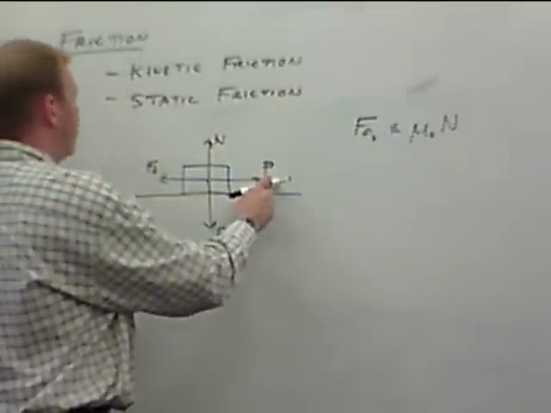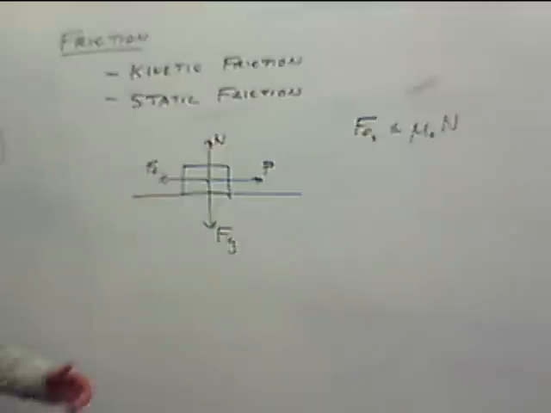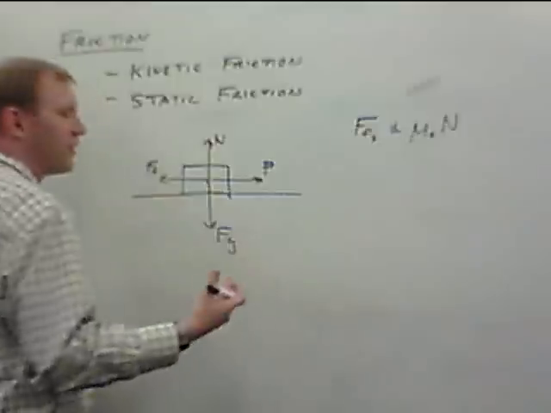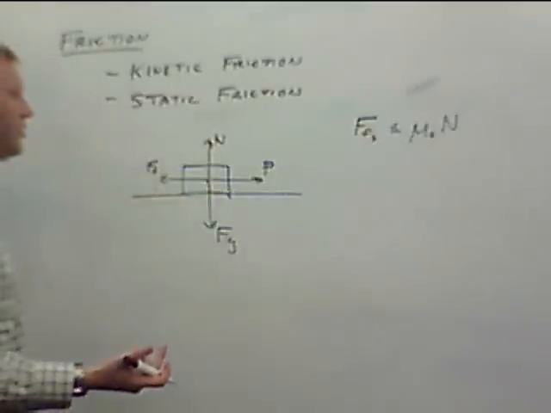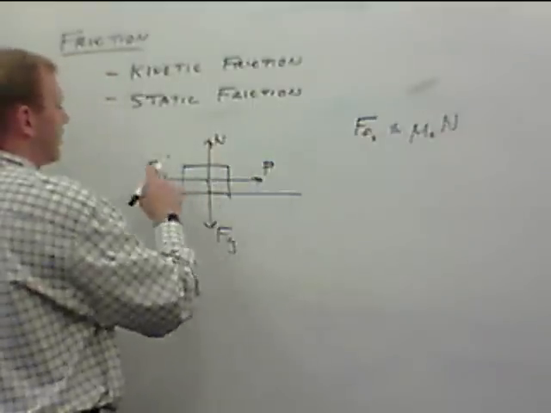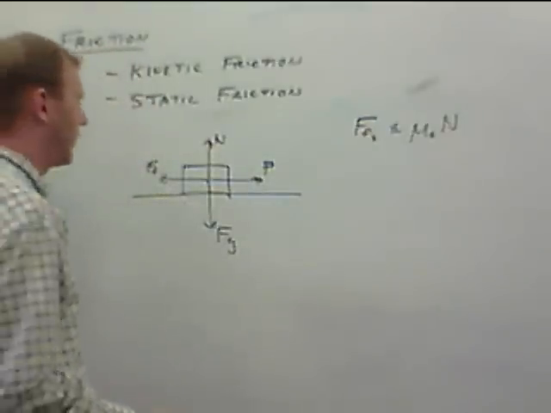The reality is this block would be accelerating this direction, but friction doesn't work that way. Friction will go up to this value as much as it needs to prevent motion. If the pulling force exceeds the maximum friction value for static friction, then it starts moving.